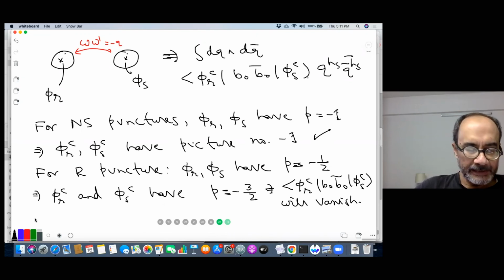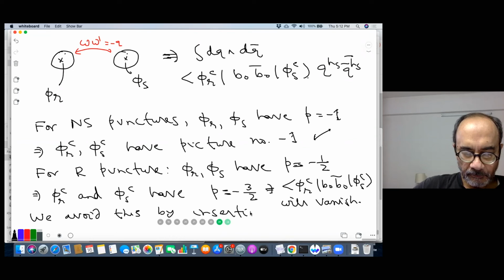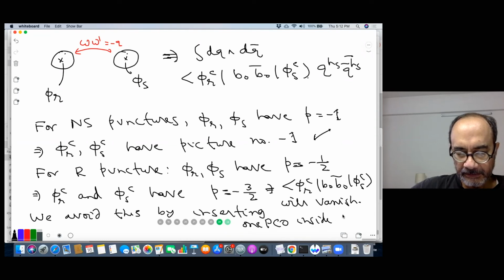So to avoid this, we avoid this by inserting one picture changing operator, one PCO, inside this matrix element.